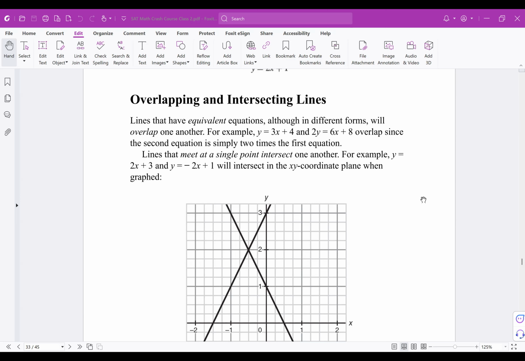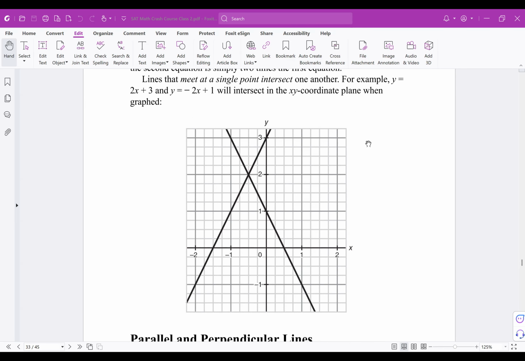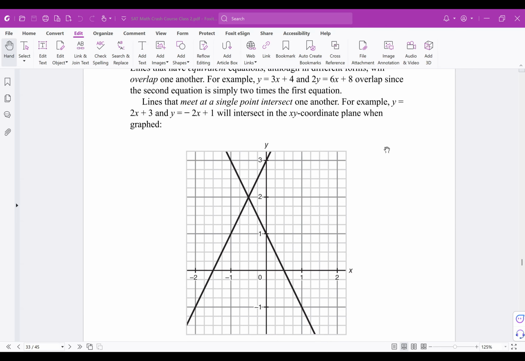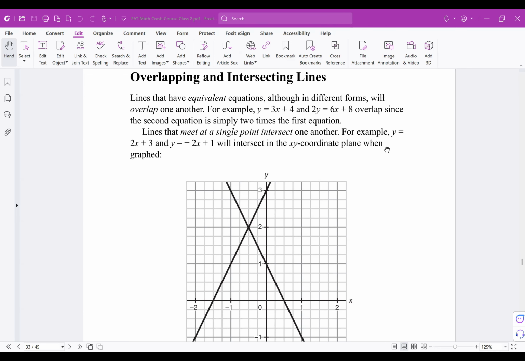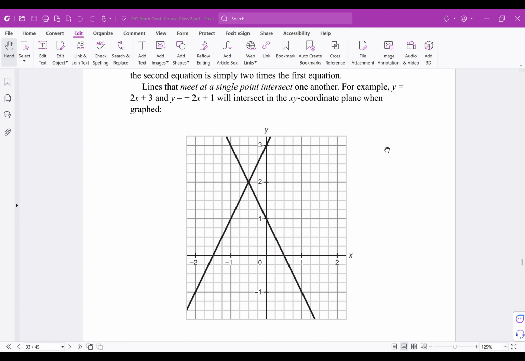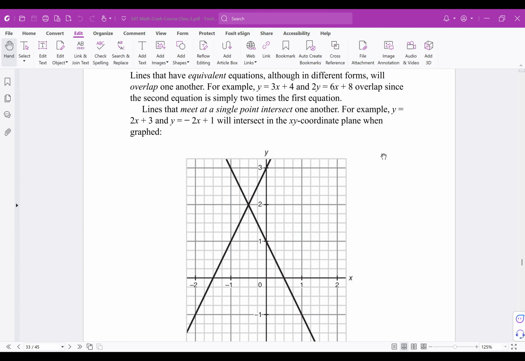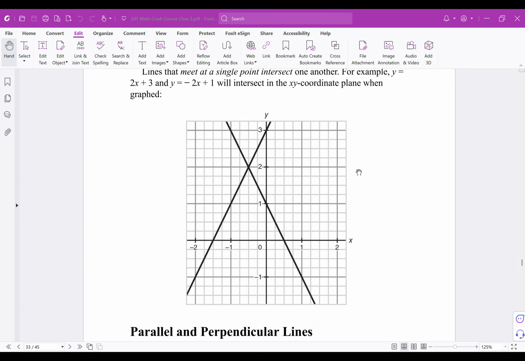Talking about the overlapping and the intersection of lines, you just need to understand what we talked about in the earlier classes, that is having infinite number of solutions and having a single, particular solution. Do you remember that I talked about those things?